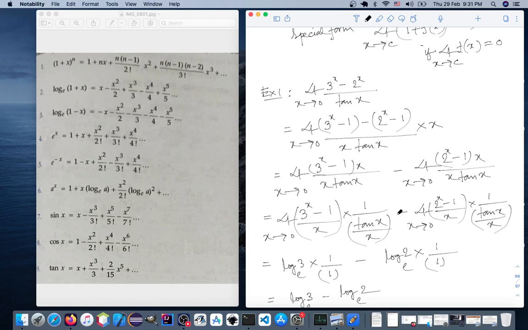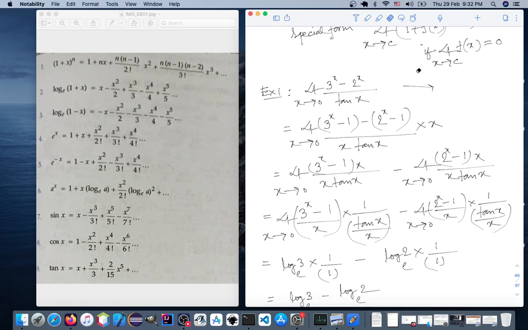Now, this problem, I guess, could have been solved in a little different way. How? What if we take 2 to the power x common in the numerator? If we take 2 to the power x common in the numerator, let's try it.